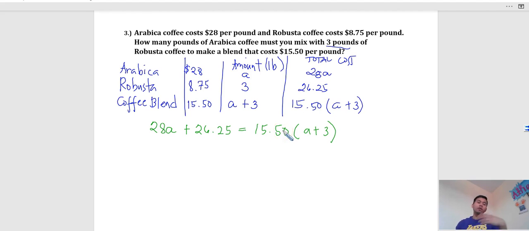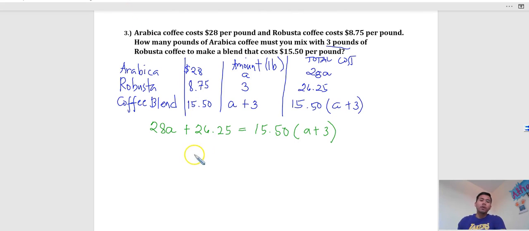On the other side of our equation, we have your Arabica and its amount, and then the total amount of your Robusta, because when you combine them together, it will give you a total cost of $15.50 times A plus 3.